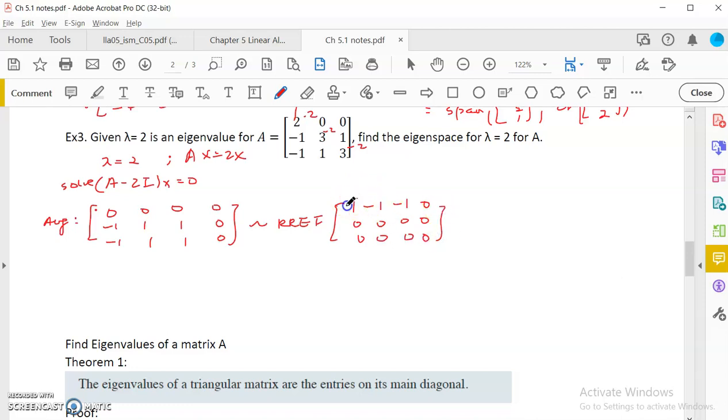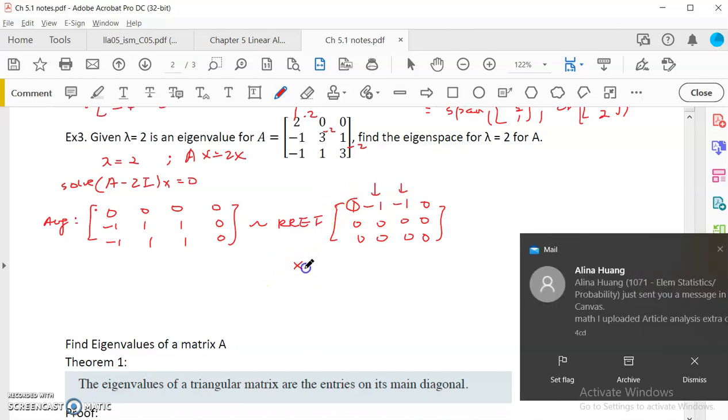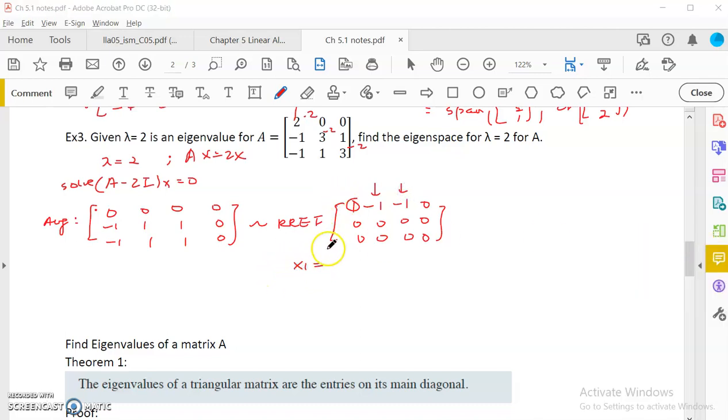So this is the pivot position. These two are free. x2 and x3 are free. So x1 is equal to x2 plus x3. x2 is equal to x2. x3 is equal to x3.